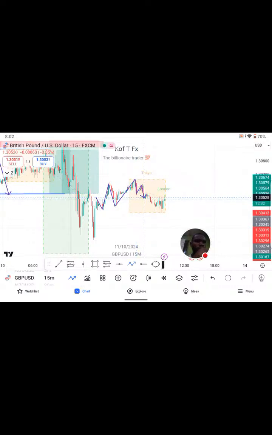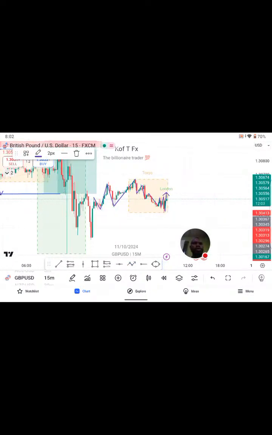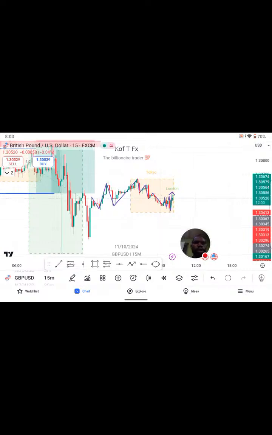I want to point out something. That's why I'm actually drawing this minor structure. Okay, so this is what we have around that area.